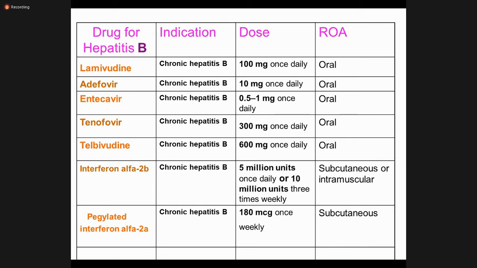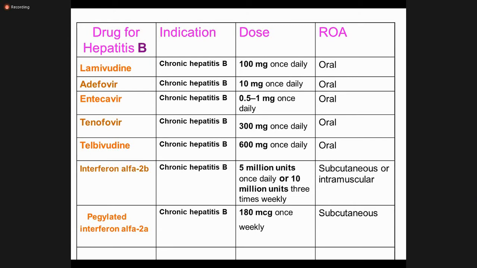Then interferon alpha 2B: the dose is 5 million units once daily, or 10 million units 3 times weekly. The route of administration is subcutaneous or intramuscular. Okay, pegylated interferon alpha 2A, and I have discussed with you what pegylated means.